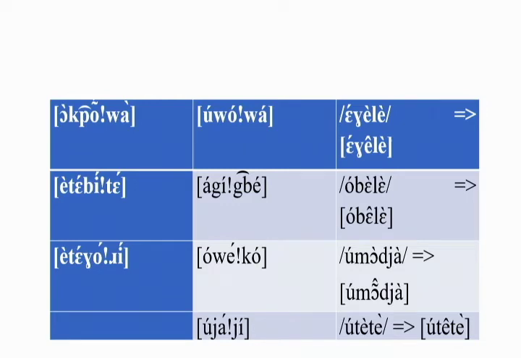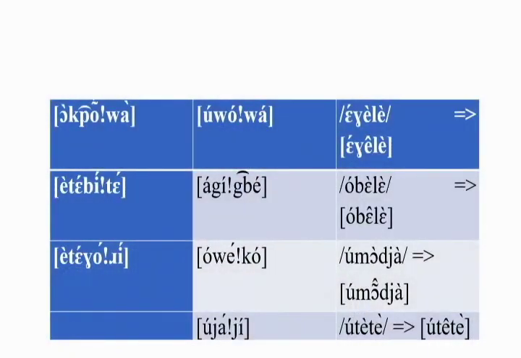Then we have the high, down step, high in Uwowa, Agigbe, Oweko, Iyayi.